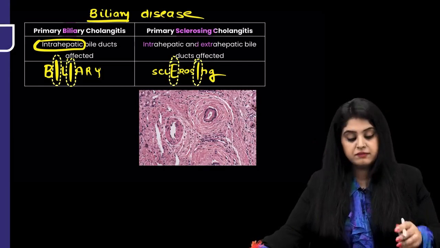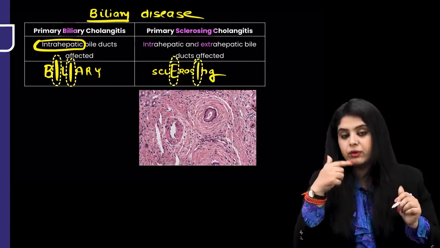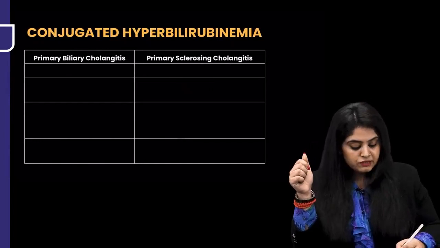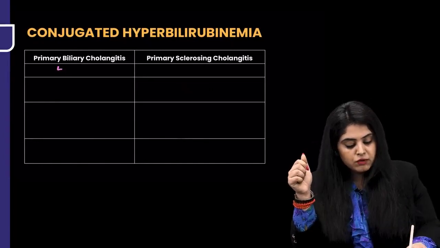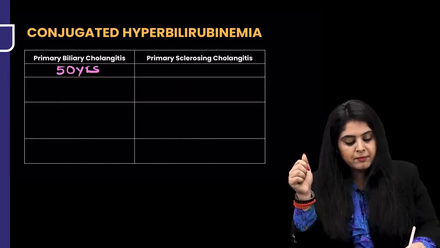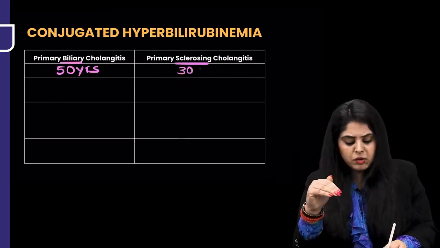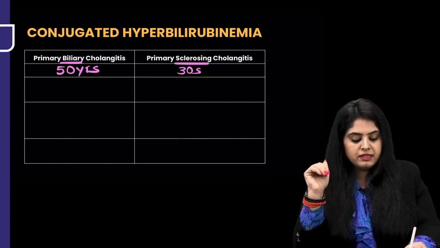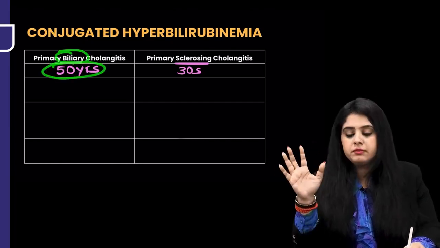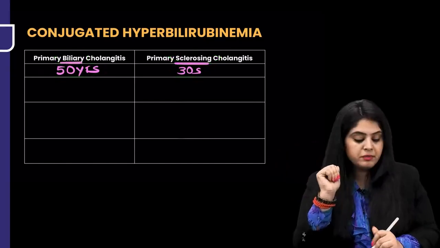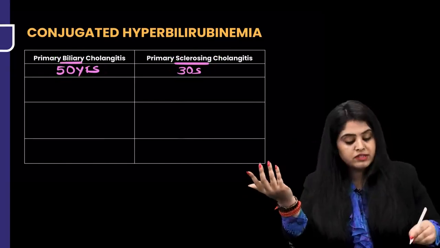And please note, why are they getting affected? Before I come to the picture, you must know their underlying pathophysiology. Remember, which is the one that you see around 50 years of age? You will say, ma'am, biliary is bada, bigger, and sclerosing is seen in smaller, 30s. So simple, biliary is seen in 50-year-old people. Sclerosing cholangitis is seen in 30-year-old people. Why? Antibodies.